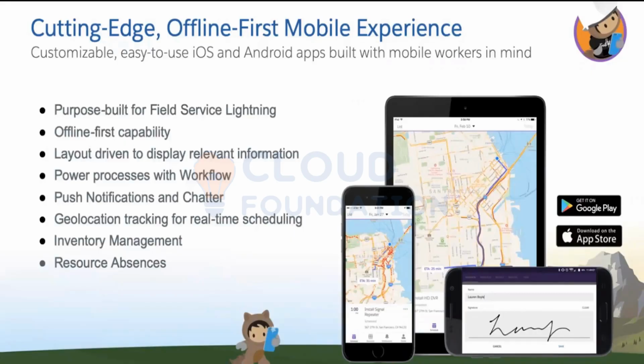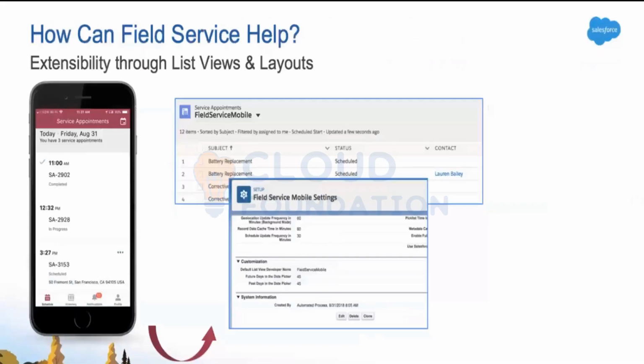One thing I would like to tell you here is that sometimes it is required to customize your app. It is very extensible, including the list views and layouts in the Field Service Lightning mobile. It is the official mobile app, which works when you install it from your store.